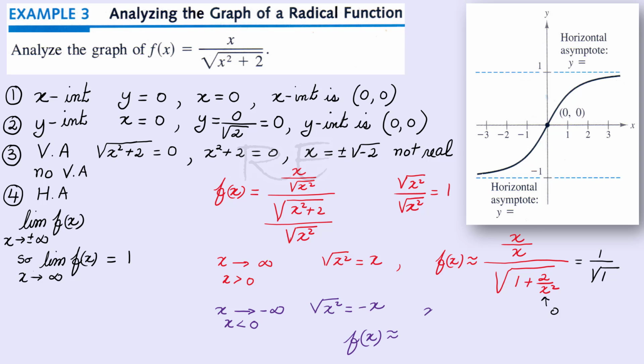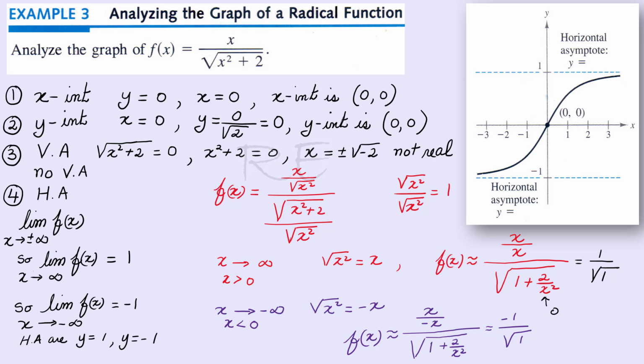And f of x will be approaching x over negative x, over square root of 1 plus 2 over x squared. x over negative x is negative 1, and the square root of 1 plus 2 over x squared is just the square root of 1. So that limit as x approaches negative infinity will be negative 1.